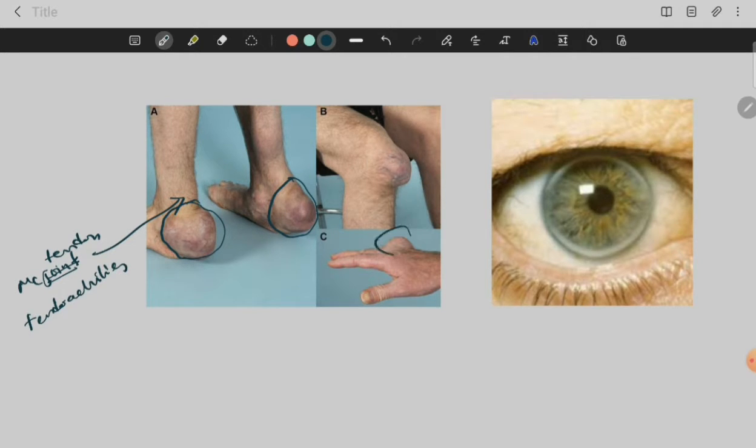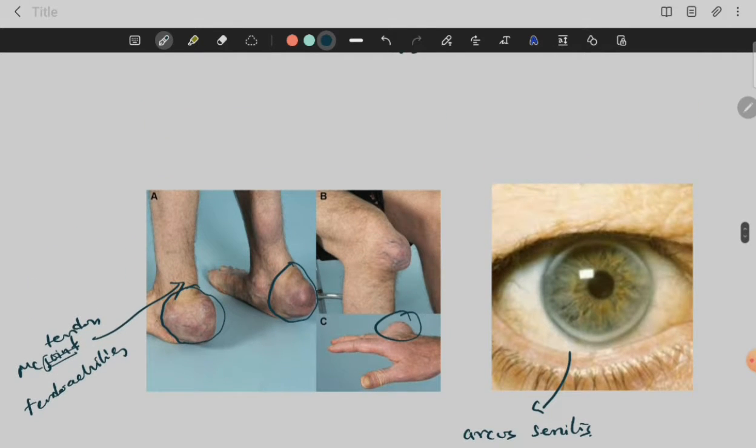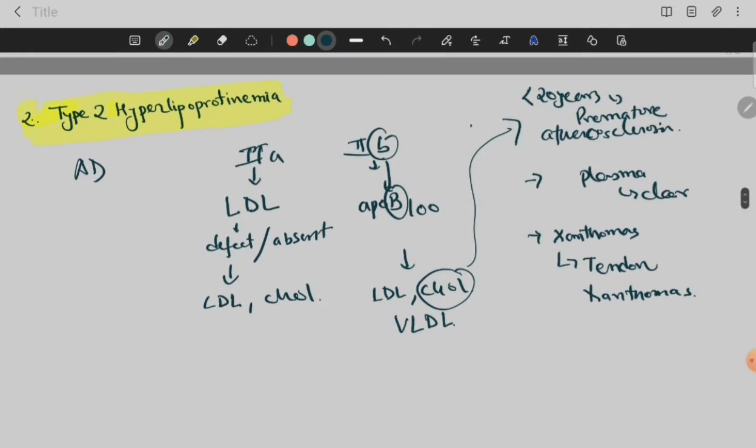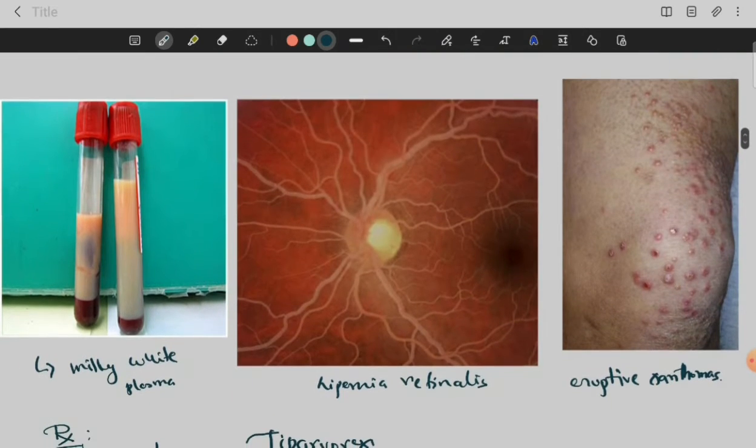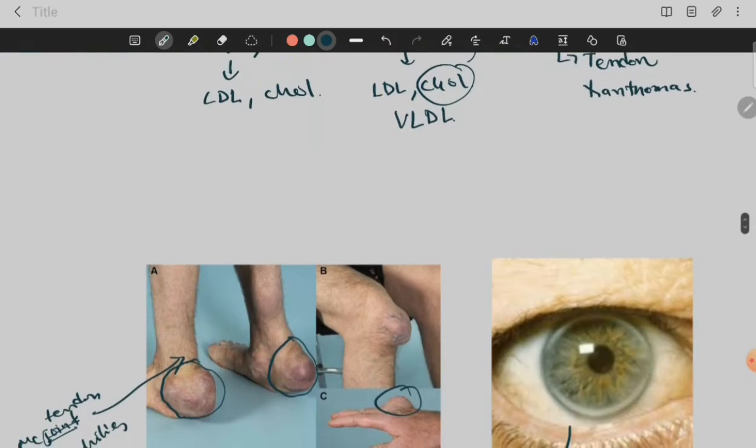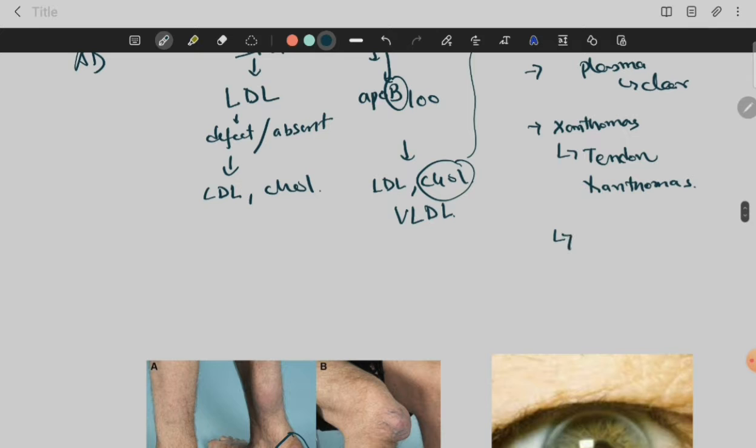Here you can also see the classical arcus senilis. The fundoscopy finding, lipemia retinalis, is in type 1, but in type 2 we will see the eye finding here, which will be the corneal arcus.